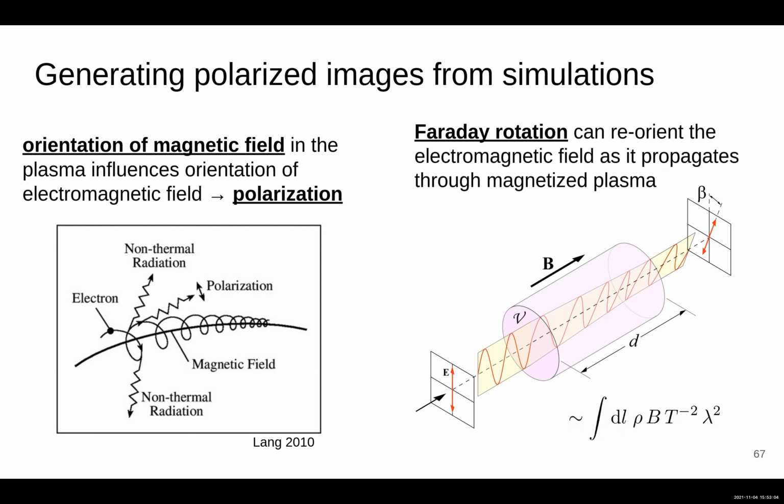And the purpose of ray tracing codes is to track the synchrotron radiation, both as it is emitted, but also as it propagates through the plasma in the accretion disk. And I want to just remind everyone that when polarized radiation propagates through a magnetized plasma, it can undergo Faraday rotation. So if the propagation speeds for one direction are different than for another direction, then you might have some overall twisting of the orientation of the electric field.